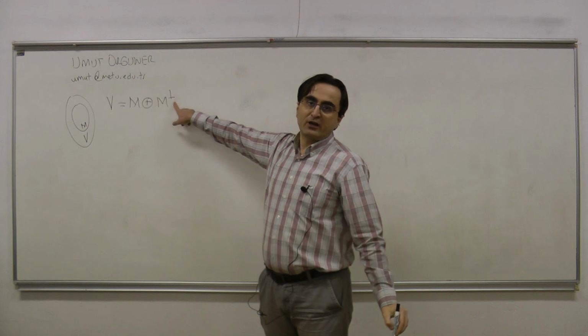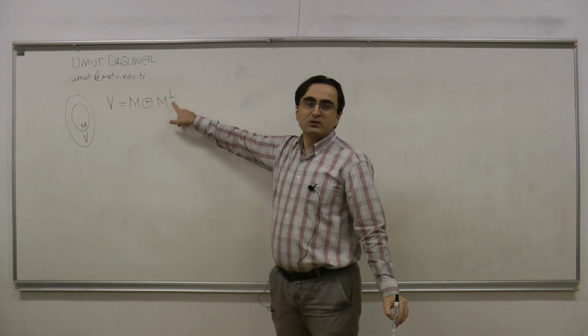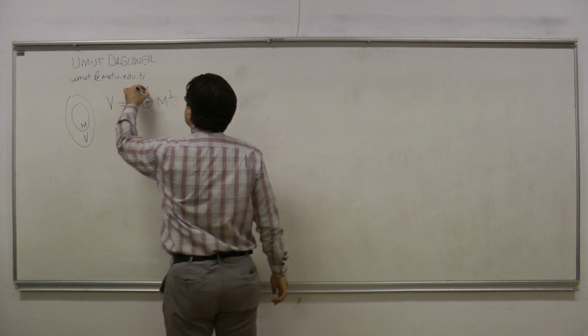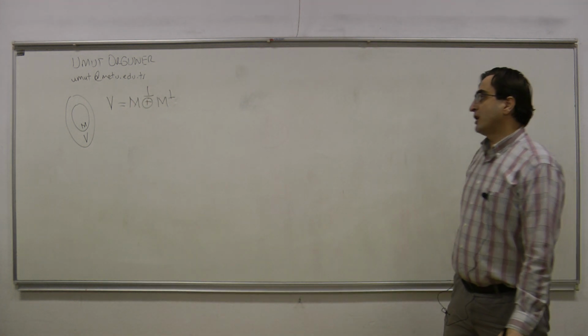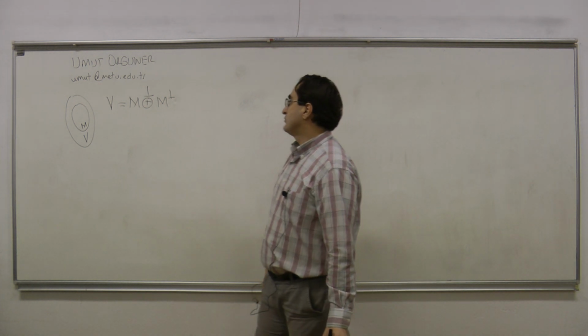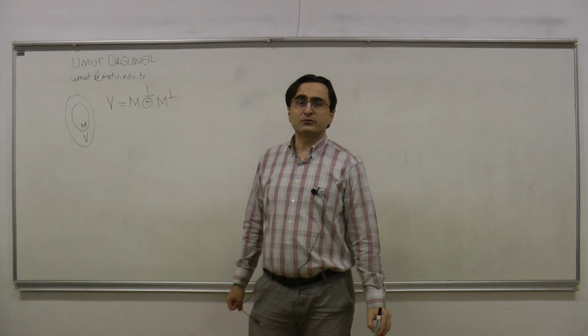This is the perp sign, which means the orthogonal complement, and this is an orthogonal direct sum decomposition. Remember, the proof of the projection theorem is actually based on just this fact.